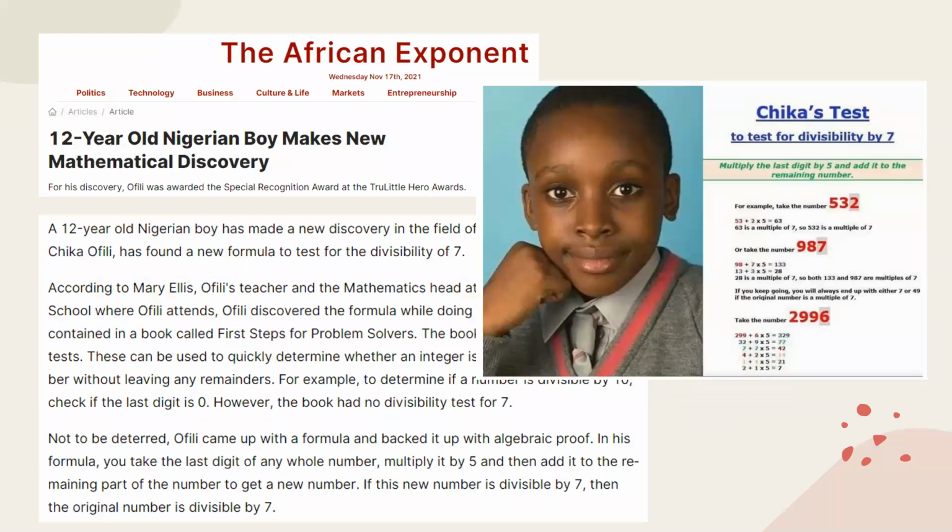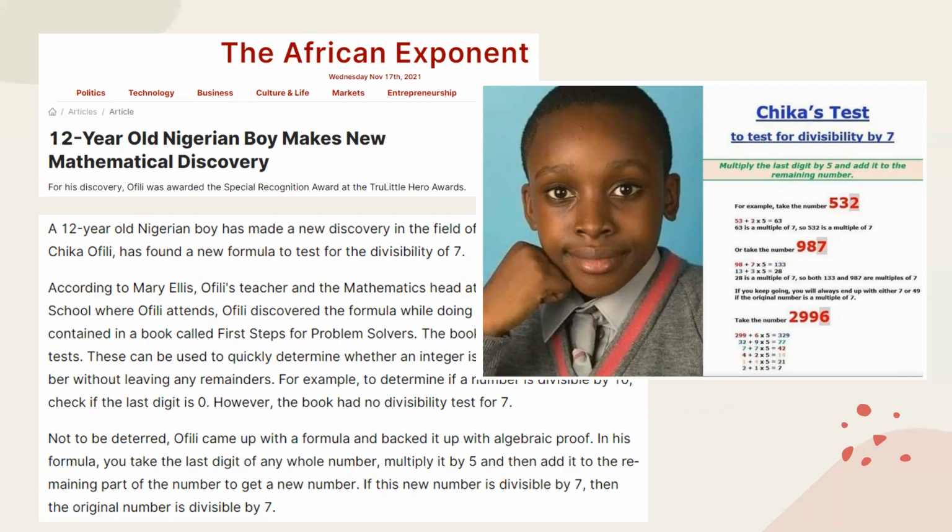Now, what's interesting is someone emailed us pretty soon after our paper was published and asked, hey, did you hear about this kid in Nigeria that found a divisibility test for 7 that involves adding 5 times the 1's digit? We hadn't heard about that, and we hadn't seen that test in a textbook or anywhere.